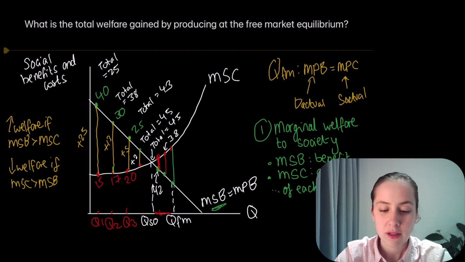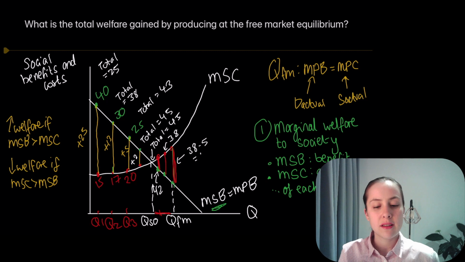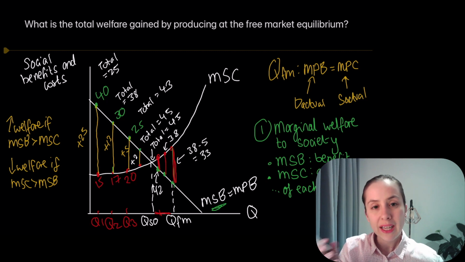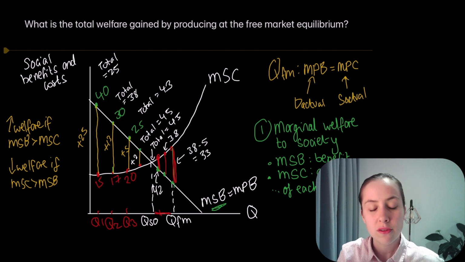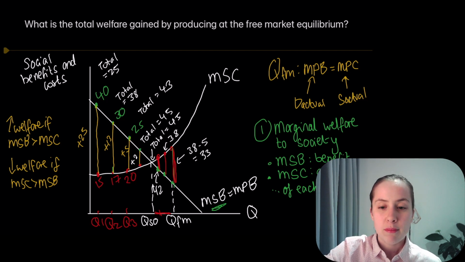This one has brought the total to, I don't know, 38 minus 5, so 33. So you can see that the total welfare has been reduced, and that makes sense because these units between QSO and QFM have added more costs than benefits.